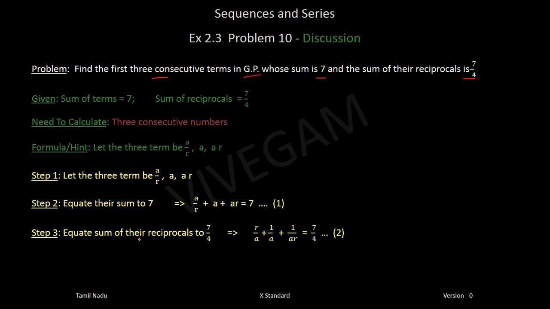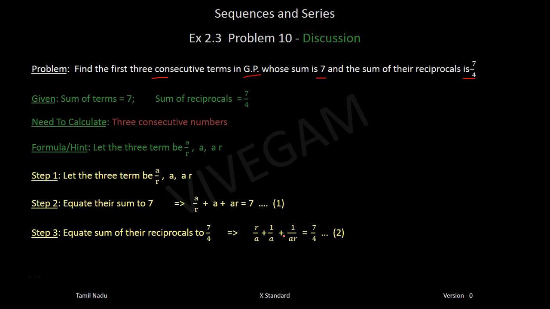Then sum of the reciprocals equal to 7 by 4. The reciprocal of A by R is R by A. Reciprocal of A is 1 by A. Reciprocal of AR is 1 by AR equal to 7 by 4. Here again you can take 1 by A commonly out and you'll get R plus 1 by R. That's what you got here also.